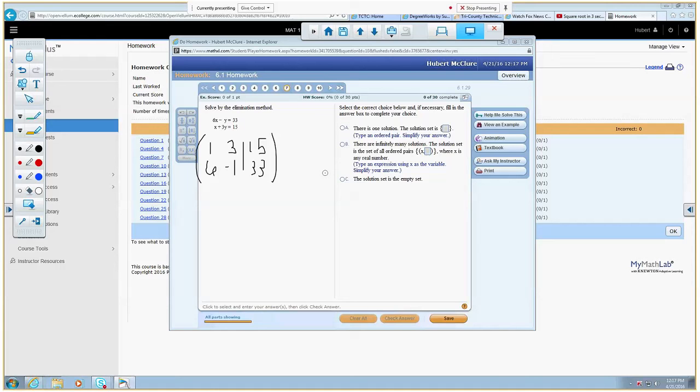You flip it, and you got a 1 in the top left-hand corner. What do you got to get next? A 0 in where the 6 is. What's the only row you can use to get rid of that 6? Row 1. So you're going to multiply row 1 by -6, add it to row 2.